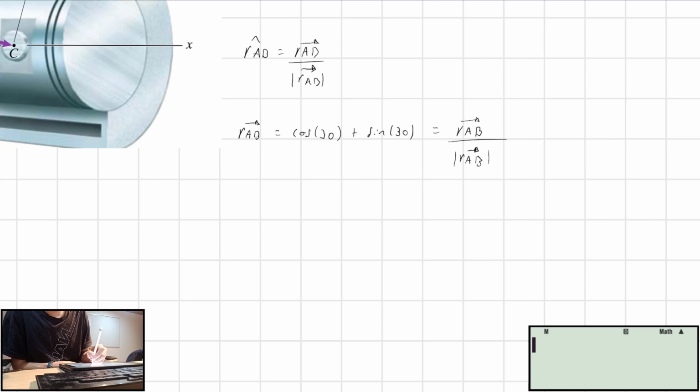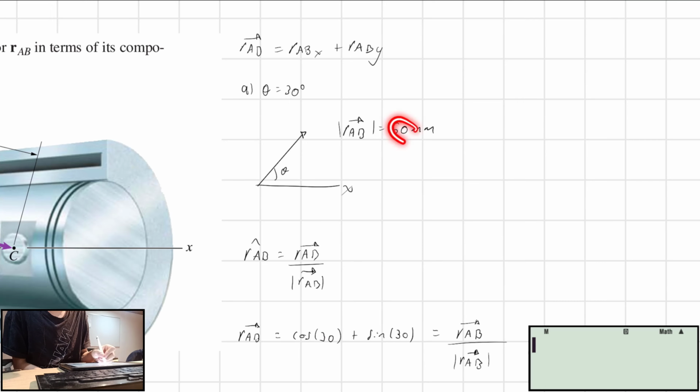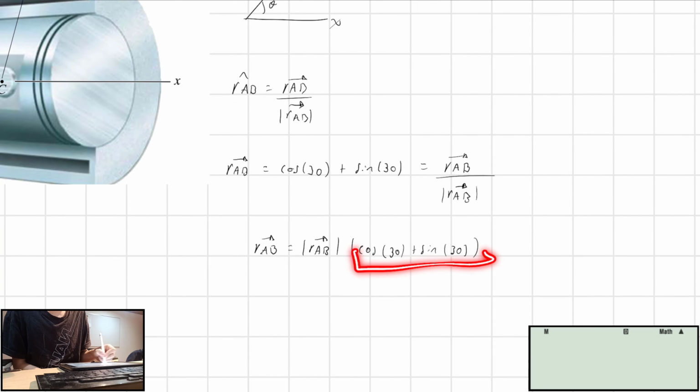That means that RAB is equal to the magnitude of RAB multiplied by the unit vector, which is the cosine of 30 plus the sine of 30. When we are multiplying a scalar, which is this, 60 millimeters, by a vector, the result is going to be a vector.